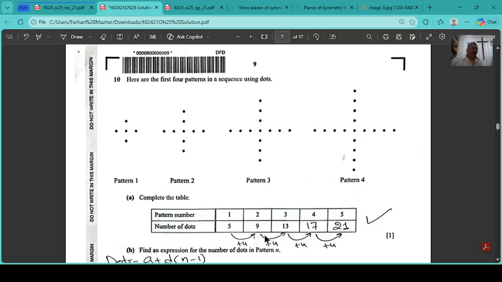So they added 4, they added 4, they added 4. So again, I will add 4 and I will get the number of dots in pattern number 5. So 17 plus 4 equals 21 dots. So in pattern number 5 there will be 21 dots.